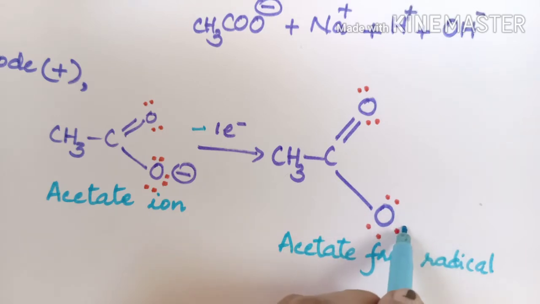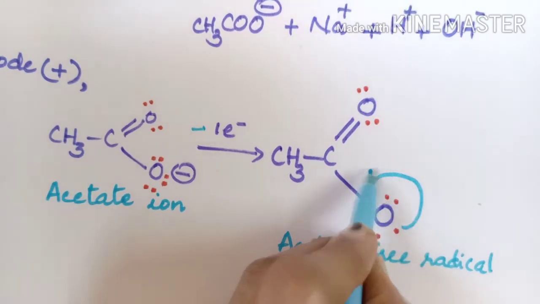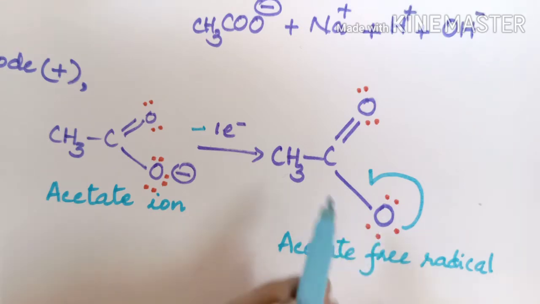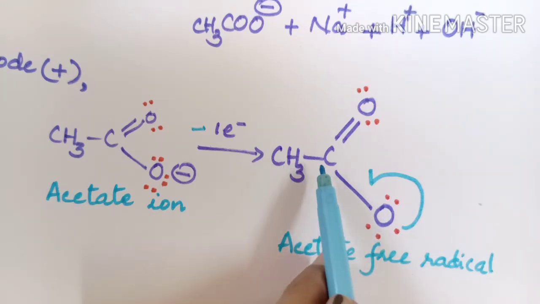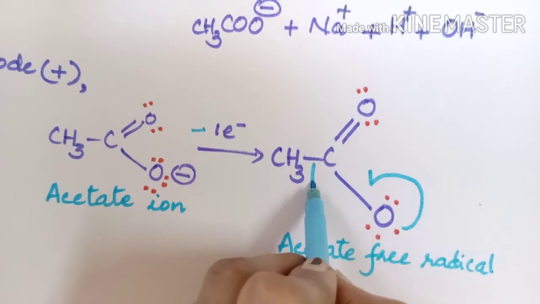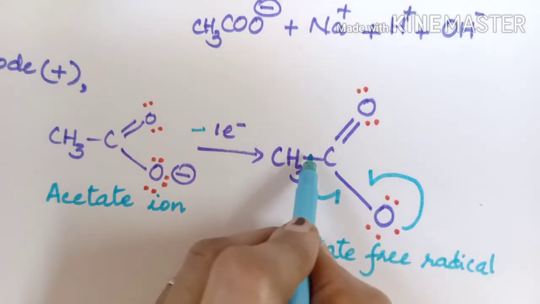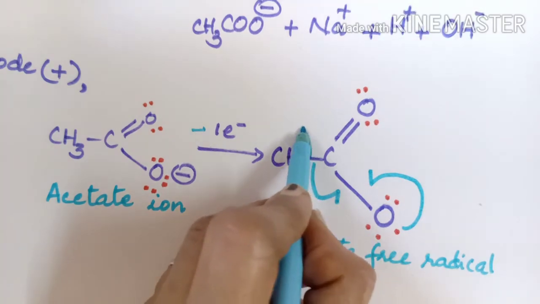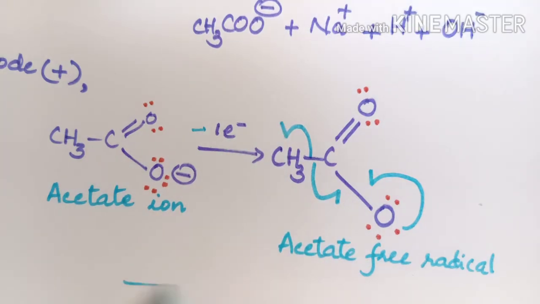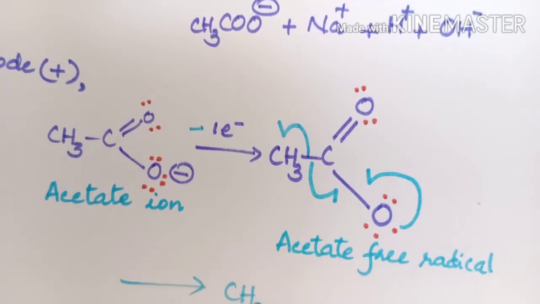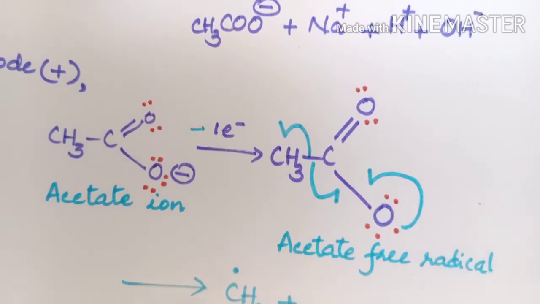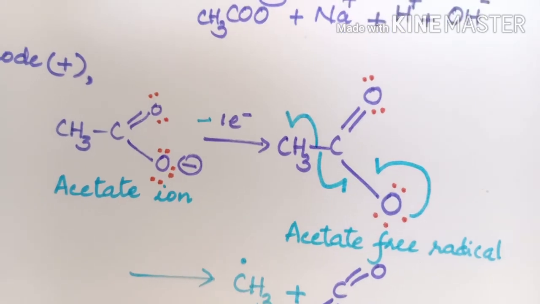One electron gets shifted to the single bond here. Subsequently, the C-C bond breaks. One electron from here also enters, resulting in a double bond here. One electron will go on the carbon, resulting in a CH3 free radical plus a neutral molecule, C double bond O. Here it becomes a double bond, so carbon dioxide is produced.